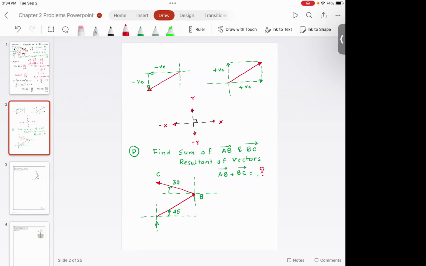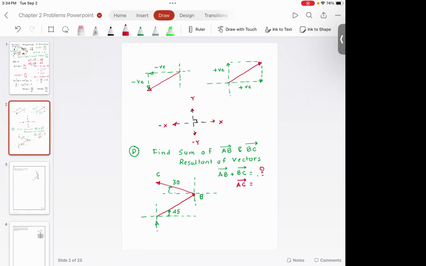Second vector should start where the first vector ends. First vector start, first vector end. Second vector start, second vector end. So B. So can you see that finally you are going to get AC.